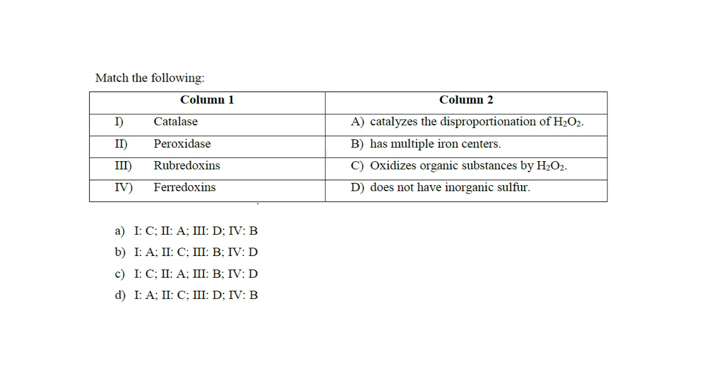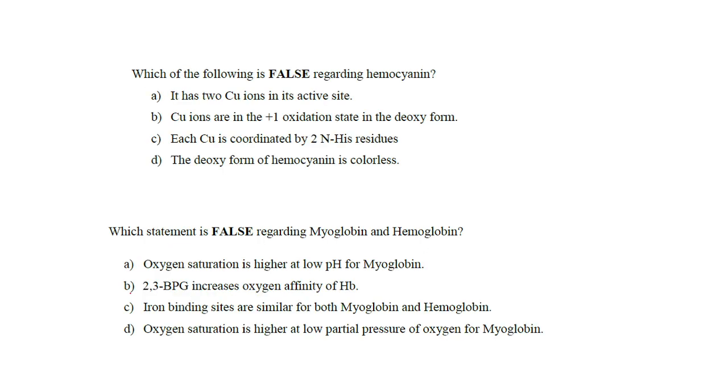Rubredoxins do not have inorganic sulfur, and ferredoxins have multiple centers. Okay. Hemocyanin, false statement about hemocyanin. Each copper ion in hemocyanin is coordinated by 3 N-histidine residues, not 2. So that's a very direct question.